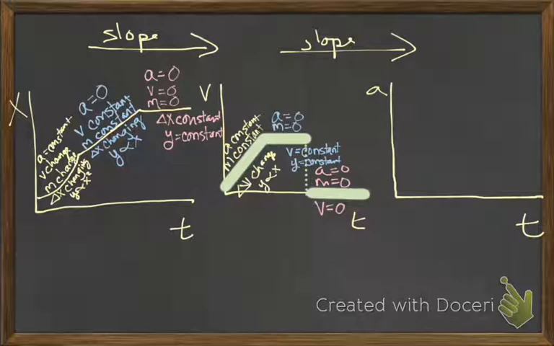So that means it's going to look like this. We're going to have this line. Okay? And what does a flat line look like on the next graph when you take the slope of it? Go all the way down. It's going to be a 0, isn't it? And then the next bit's going to be 0 as well.